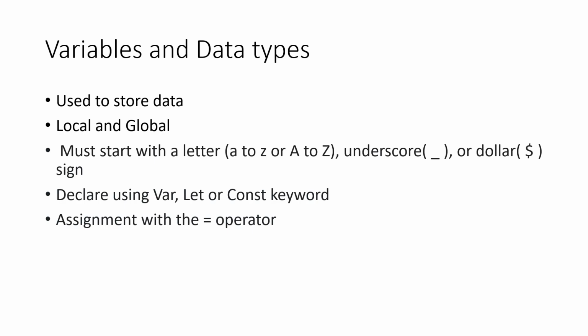Variables and data types. Well, what are variables? Variables are just containers that are used for storing data. There are two types of variables in JavaScript: global and local variables. Variable names must start with an A to Z, either in lowercase or uppercase, or you can have an underscore as a start, or you can have a $ sign.